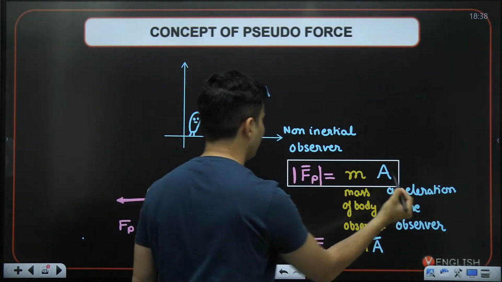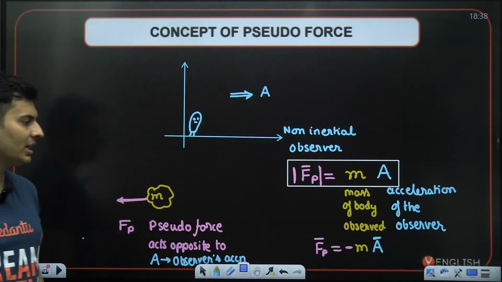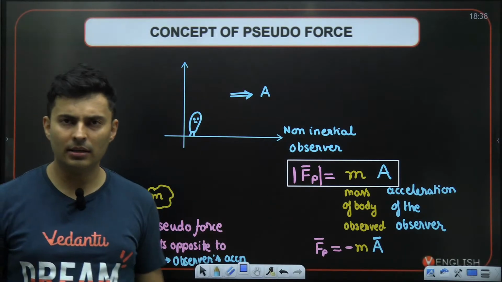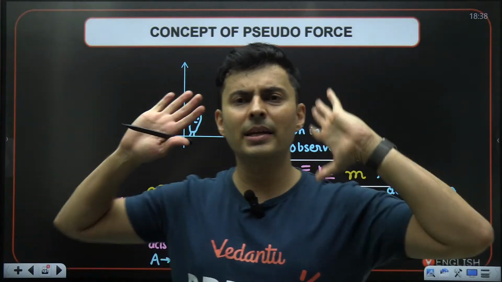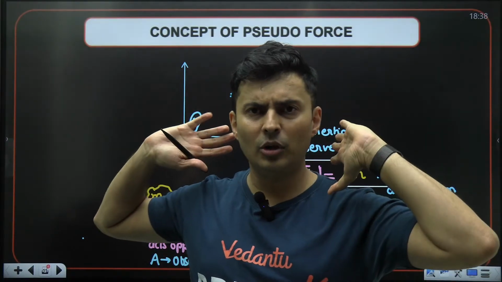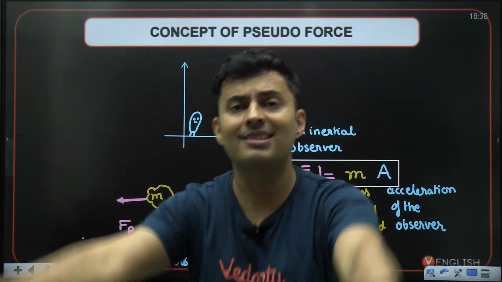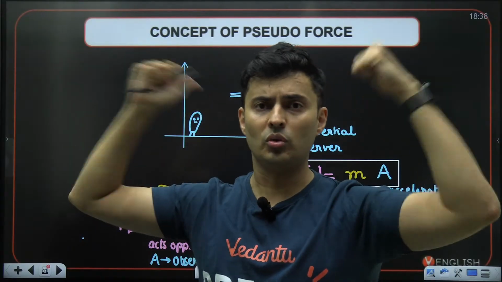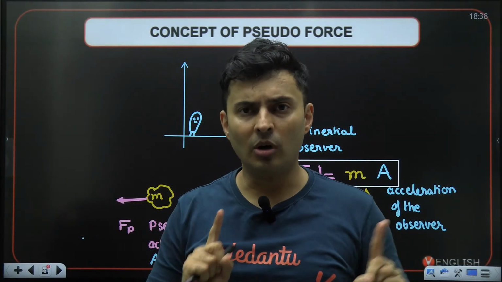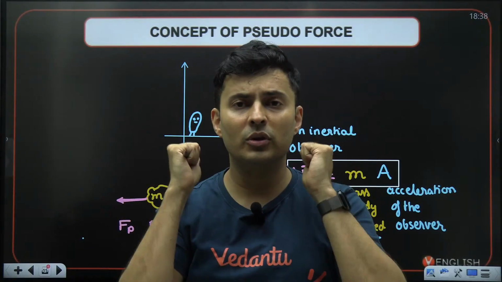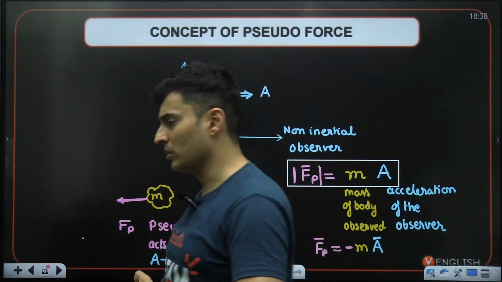The magnitude one, m into A, is good enough. Is this absolutely clear? That minus you forget it for now. Just think that wherever the observer is accelerating, exactly opposite to that, you will apply the pseudo force. If the observer is going up, pseudo force will be down. If the observer is coming towards you, pseudo force will be back. That's how it goes.